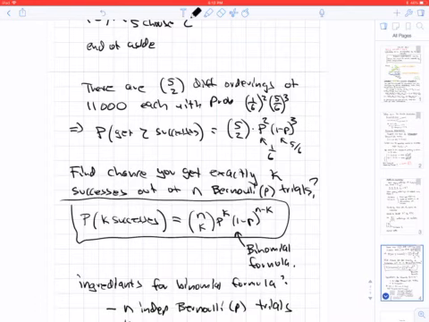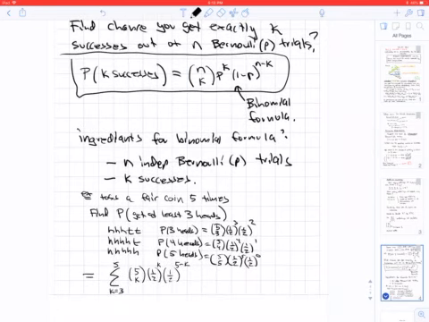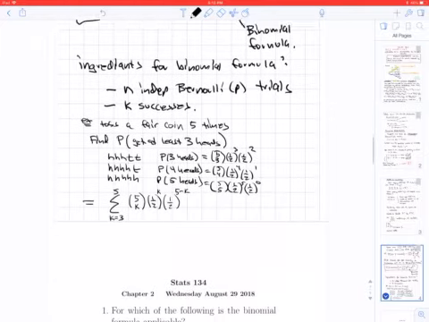More generally, find the chance that you get exactly k successes out of n Bernoulli p-trials. The probability of k successes is n choose k times p to the k times 1 minus p to the n minus k. And this is known as the binomial formula. The ingredients for the binomial formula are n independent Bernoulli p-trials, and k successes.